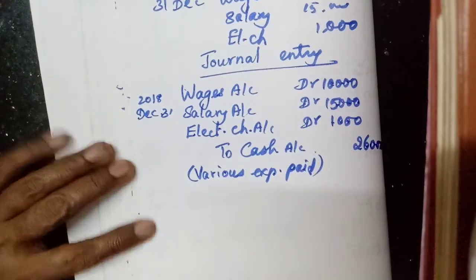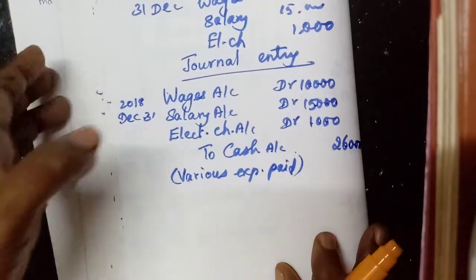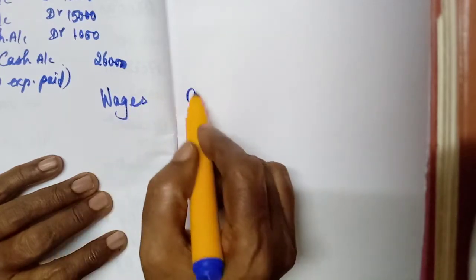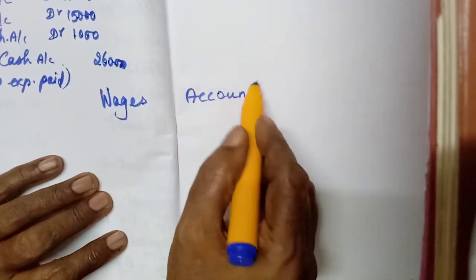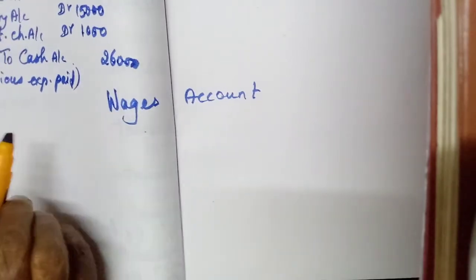Okay, how to post this one? For example, wages account. We will write wages is debited, so the debit side we need to post, isn't it?